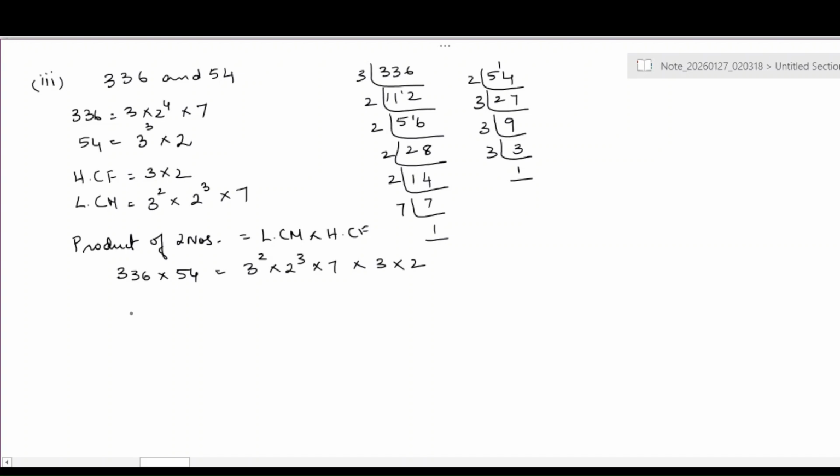So when you multiply, you will get 18,144 is equal to 18,144. Just multiply and show. Hence proved, product of two numbers is equal to LCM into HCF. That's all. Thank you.